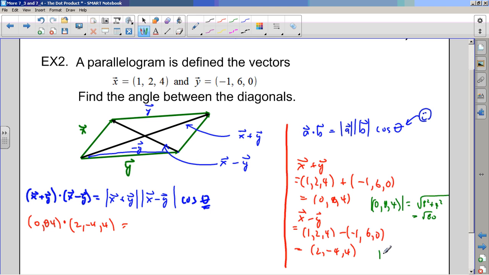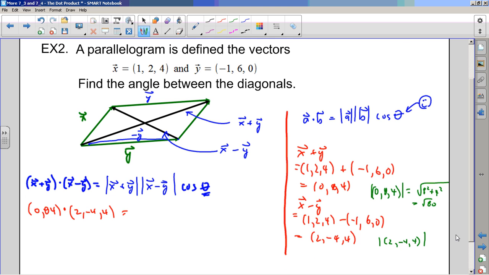Magnitude of this one is the square root of 2 squared plus 4 squared plus 4 squared, 4 and 16 and 16 is 36, which is 6. There's old 6. And so this is square root of 80. This is 6.